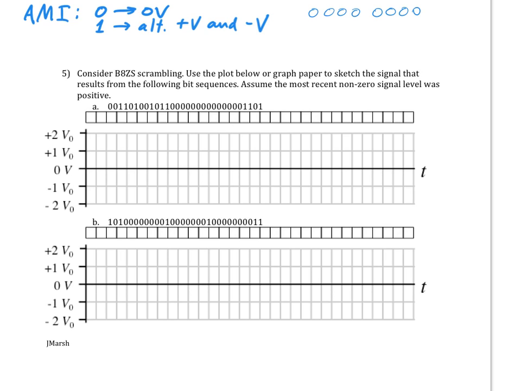Okay, so what we're going to do is replace 8 zeros. I'll group them into 2 groups of 4 here with 0, 0, 0, and then a bipolar violation, meaning that whatever the previous non-zero voltage was, we're going to repeat it.